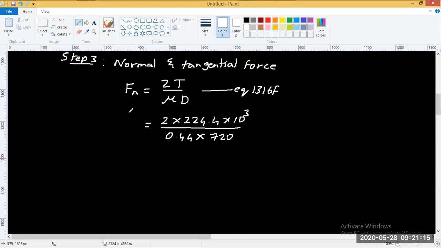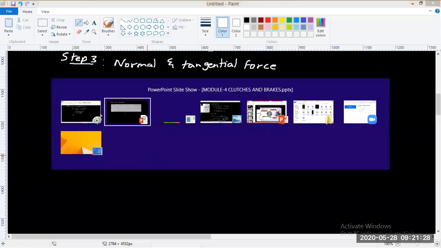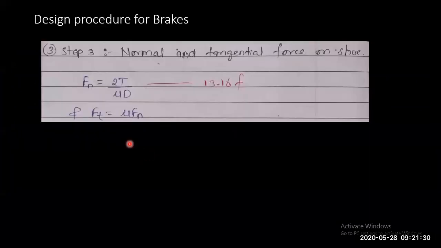So with this, we can find the Fn, that is the normal force. The next one was to find the Ft, the tangential force.